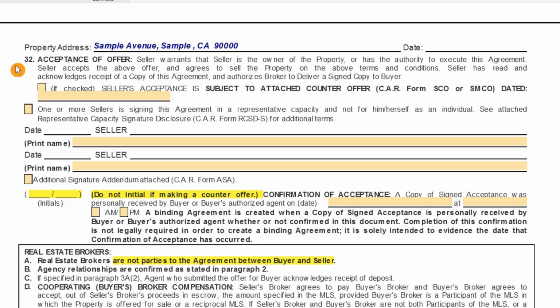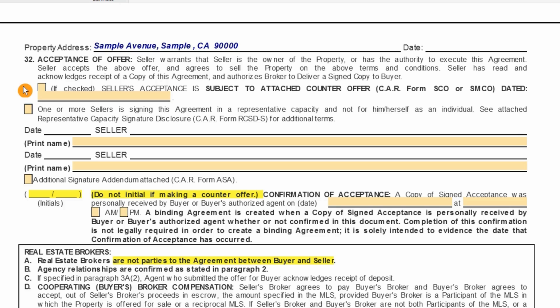Now, right here, if this is checked, the seller has accepted it, but it is subject to a counter offer. And that's very important to note. If you receive an offer back from a seller and this isn't checked, then that means that they're accepting the offer as is, as you presented it.